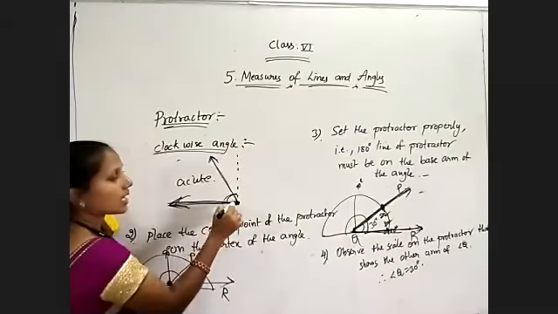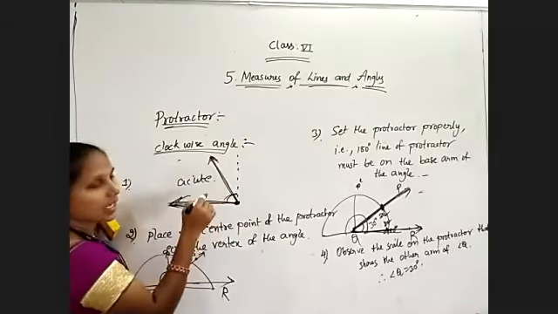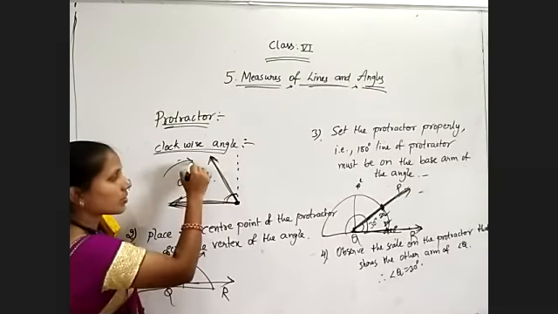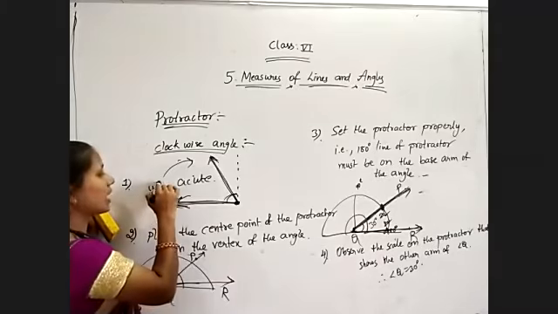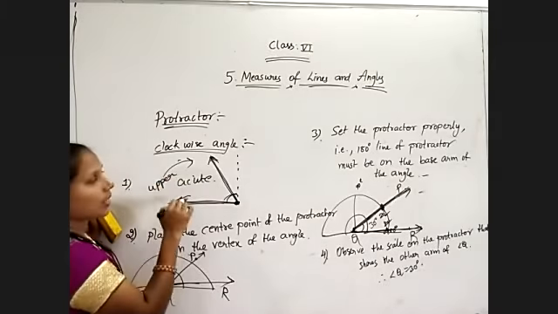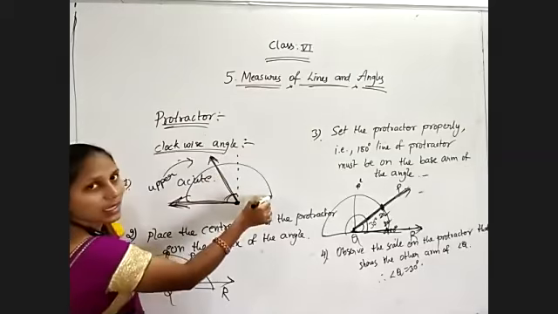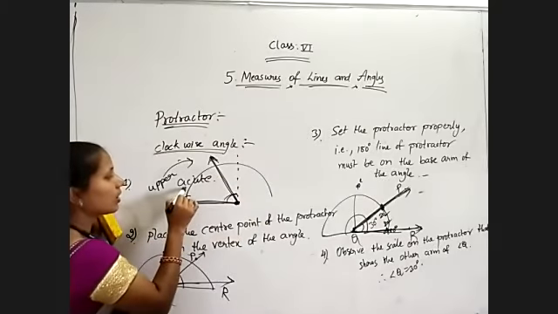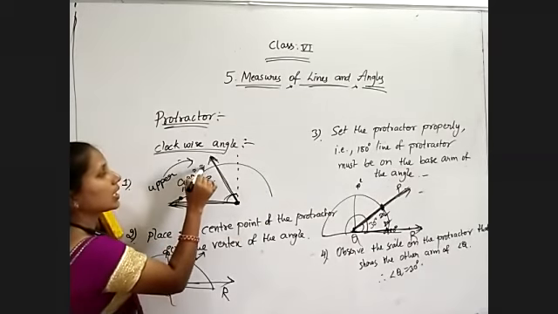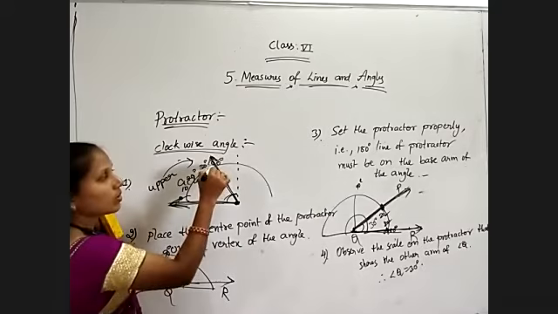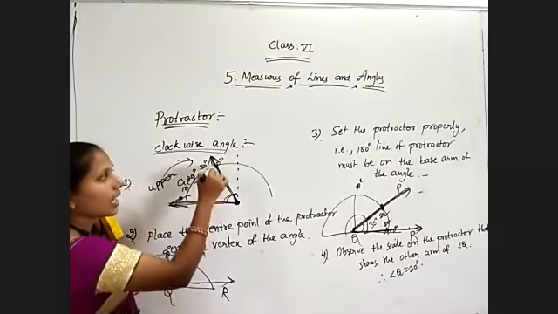See where this other arm is lying. While I am moving in the clockwise rotation, I need to take the upper values. So I must set the protractor like this and read the upper values 0, 10, 20, 30, 40. So this arm is lying at 40 degrees.